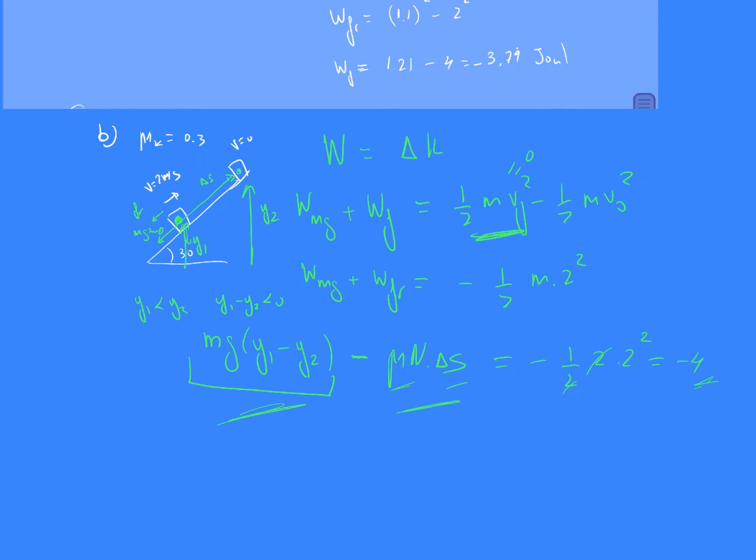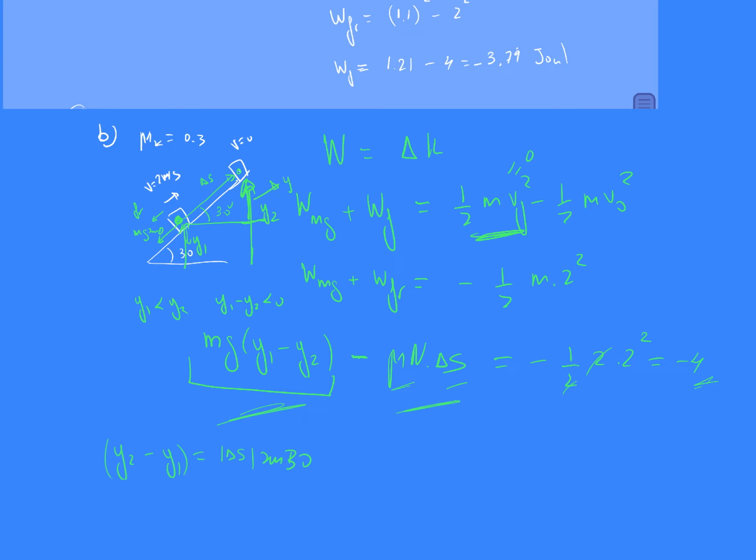So this angle is 30 degrees. So y2 minus y1 is the magnitude of delta s times the sine of 30, because y2 minus y1 is this distance.